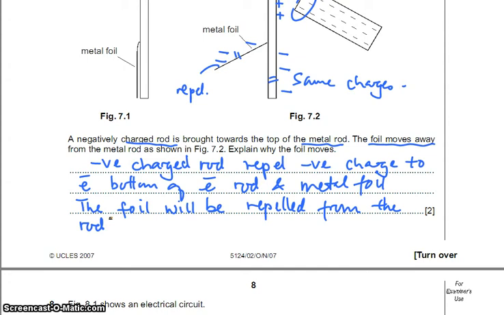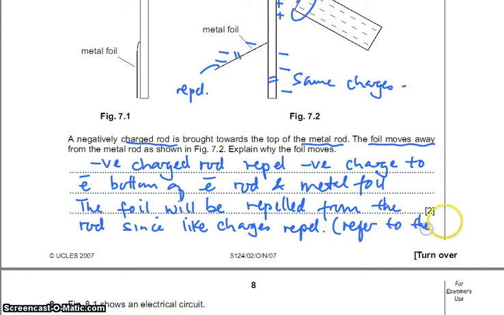So you say that since like charges repel. Do take note that you are encouraged to draw the charge distribution on the diagram, and you may even write down, refer to the diagram, and that will help in your explanations. Okay, let's move on to the next question, question number 8.